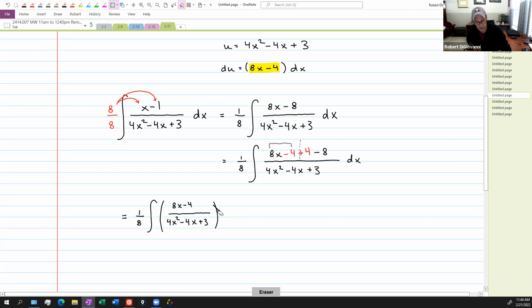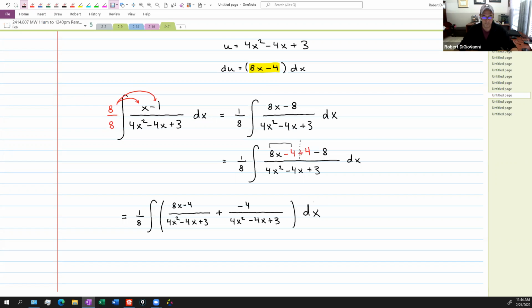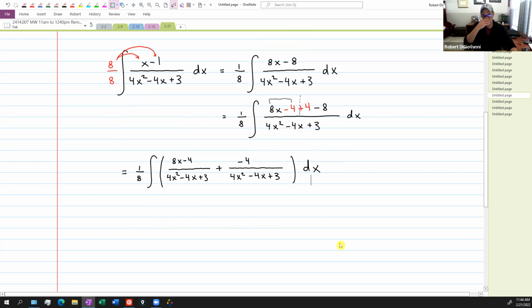Hold on. And then plus -4 over 4x squared minus 4x plus 3 dx. Am I allowed to do that? Isn't that the way fractions work? Right? Questions on that?